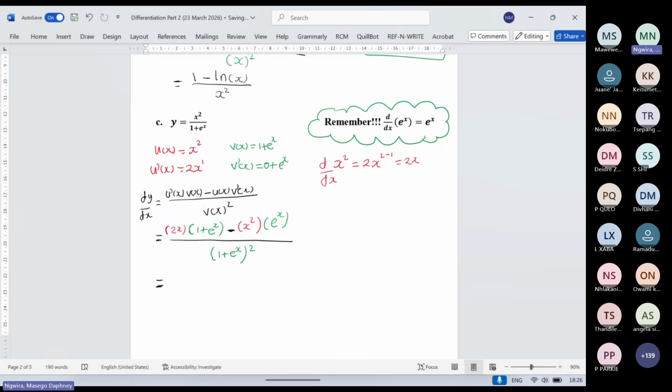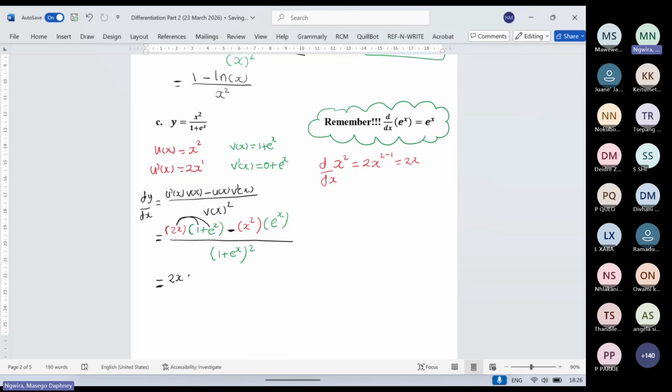So because I'm multiplying 2x times 1 plus e to the power of x in brackets, I'm going to distribute. So 2x times 1 is 2x. And then 2x times e to the power of x is just going to be 2x e to the power of x. Oh, this is plus, sorry.